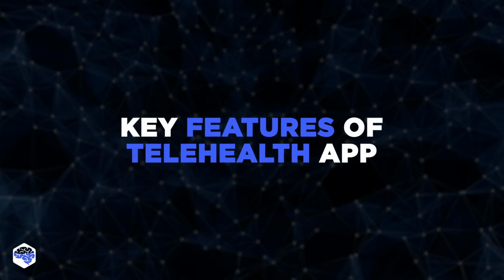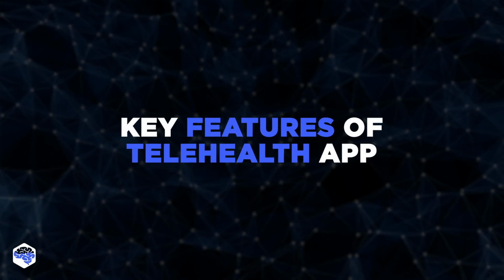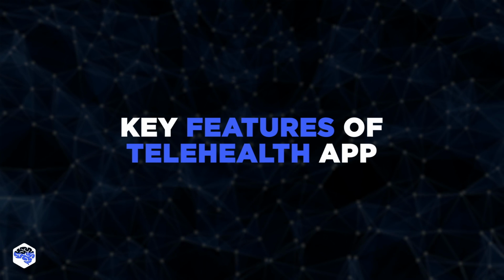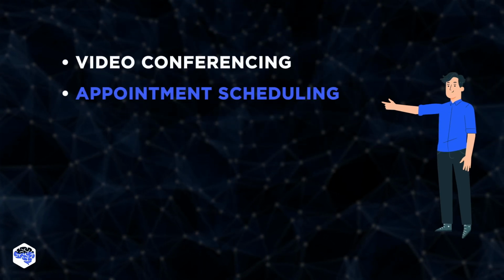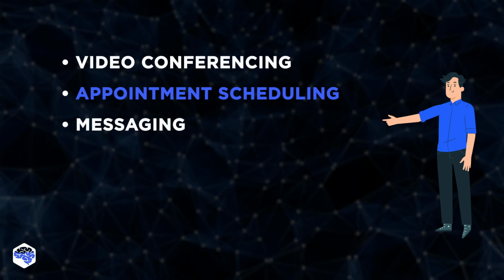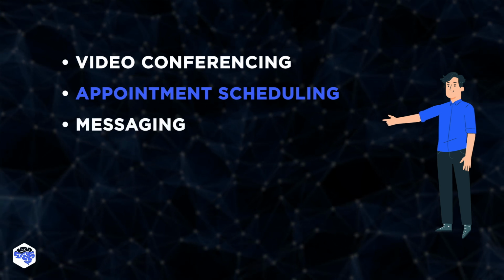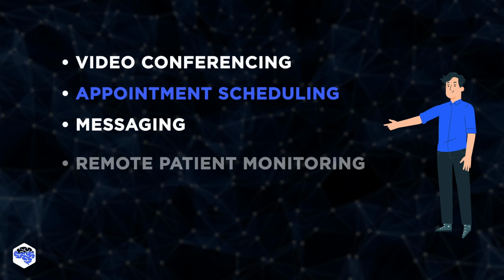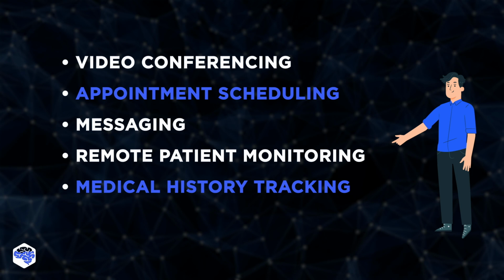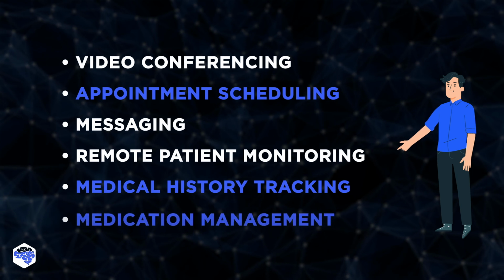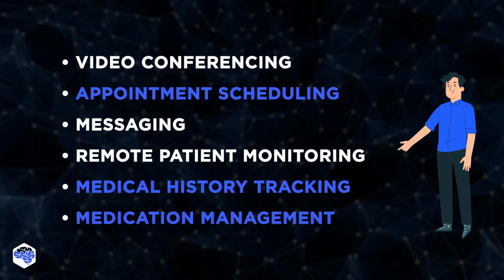Talking about features, to ensure satisfactory in-app patient experience, consider providing the ability to conduct a video meeting, schedule hospital visits, message doctors, or get answers to their questions via the automated support system, monitor patient vital signs remotely, keep track of the patient's medical history, and allow them to track, manage, and reorder their medications.